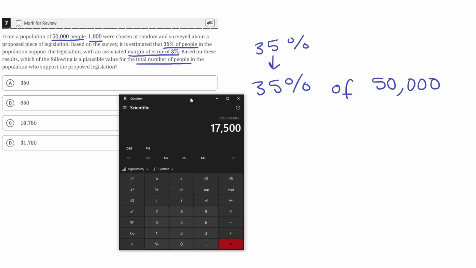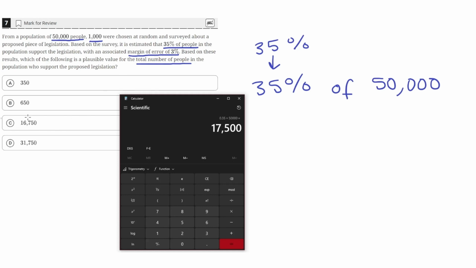So 17,500 is 35% of 50,000, but that's not one of the answer choices because there's a margin of error in the survey of 3%. So the value would fluctuate up or down 3% based on this margin of error.